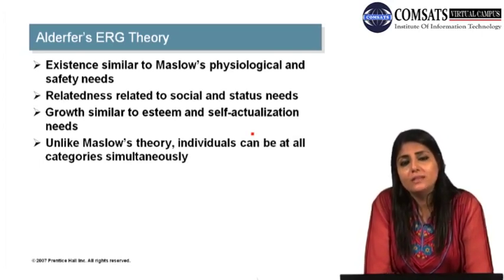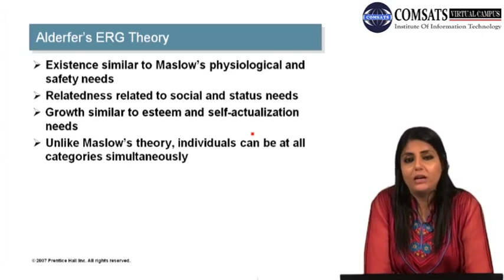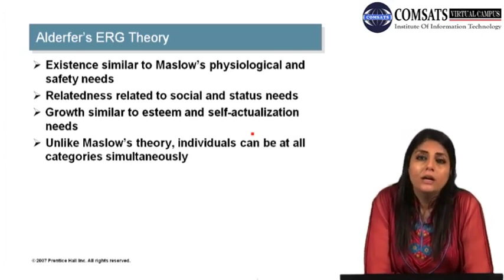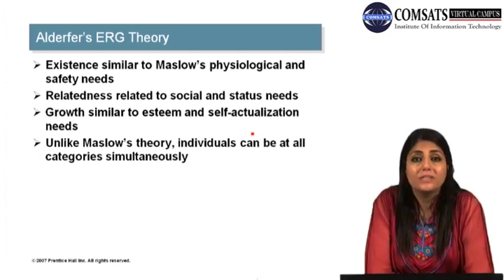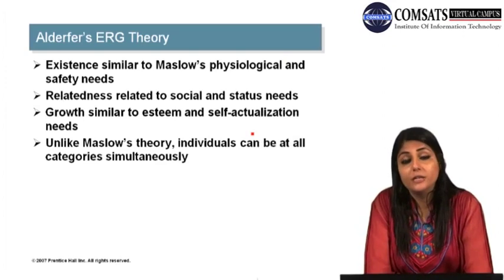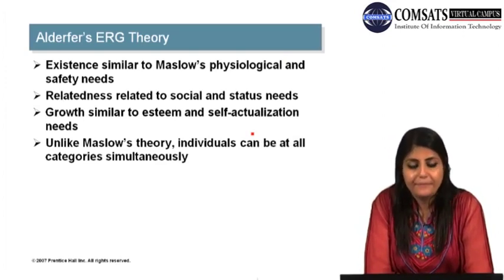Therefore, the application of this theory might appear very logical, and it might also gain empirical evidence, but unfortunately it remains untested because of these limitations in research methodology and design.